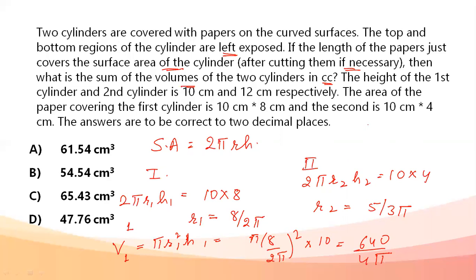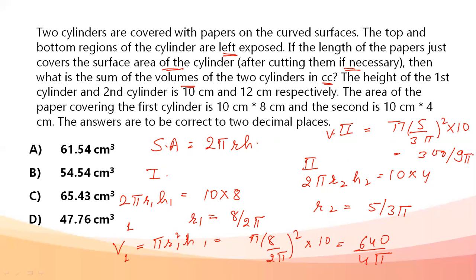For the second cylinder, volume becomes pi into 5 upon 3 pi the whole square into 10. Solving gives the value as 300 upon 9 pi.